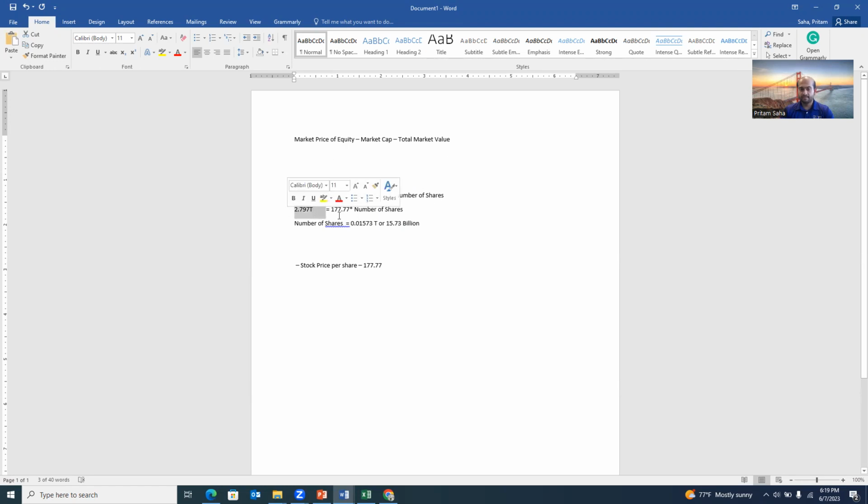If we divide 2.797 trillion by the stock price, you will get 15.73 billion shares. So you have to be careful, okay? Same thing, but whether we're talking in terms of total value or in terms of per share, that's the difference we have to be careful about.